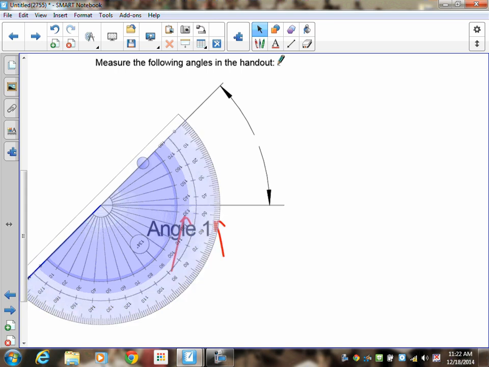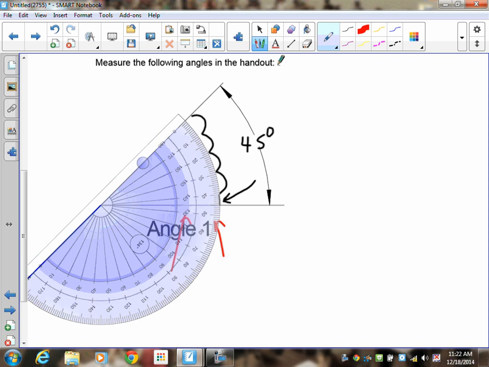Now, I can take my protractor and count 10, 20, 30, 40, and then taking a look in here, you'll see 41, 42, 43, 44. It lines up exactly on 45 degrees.